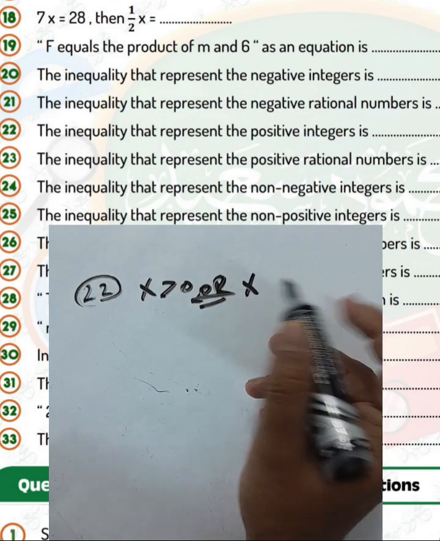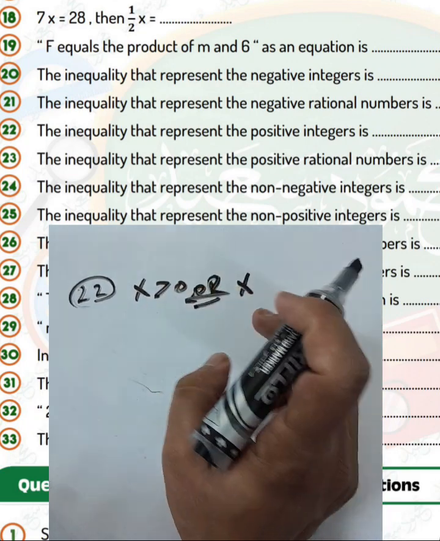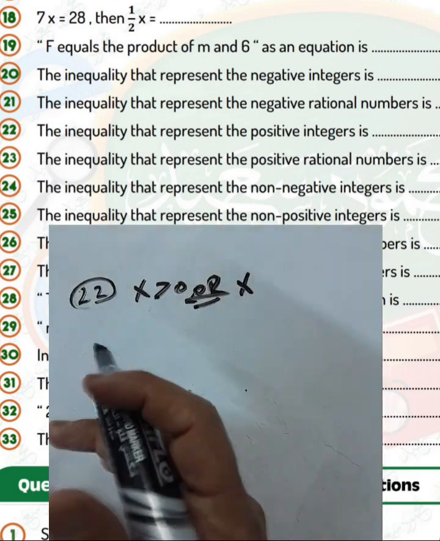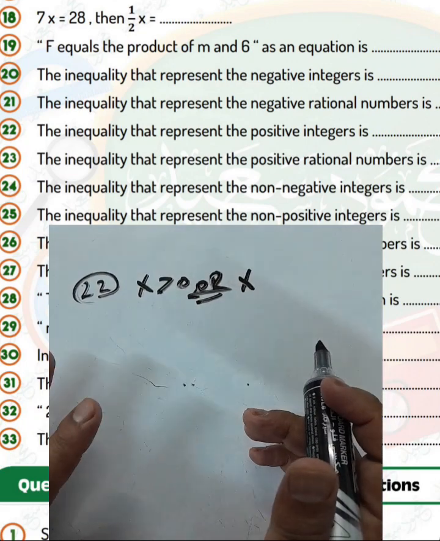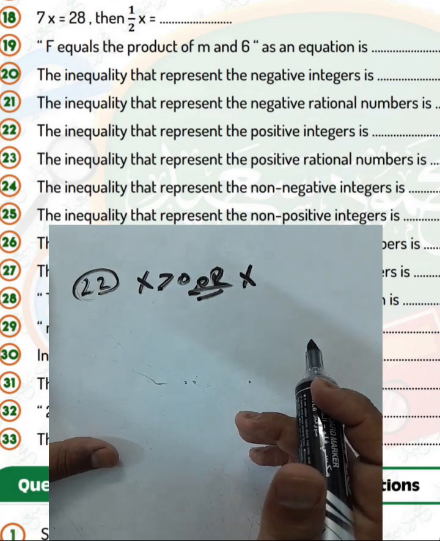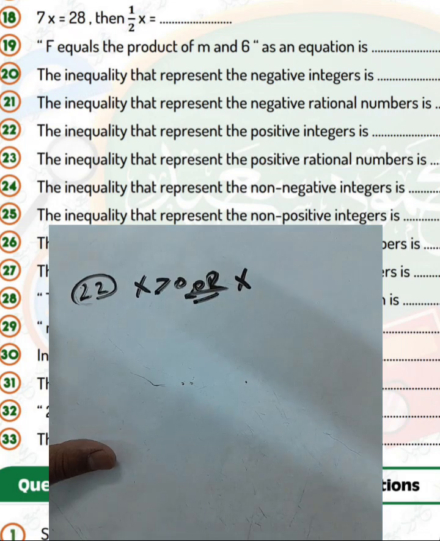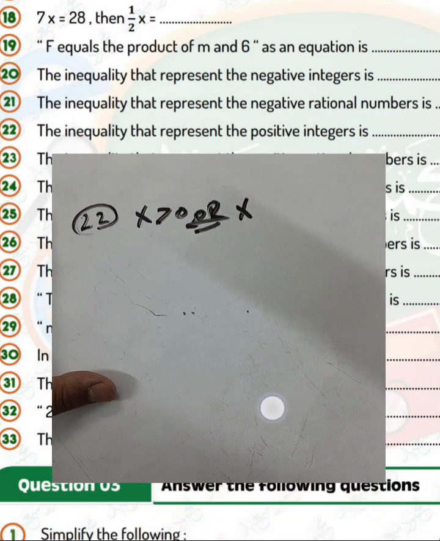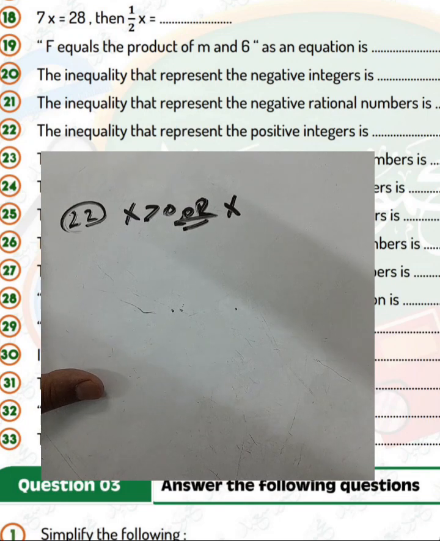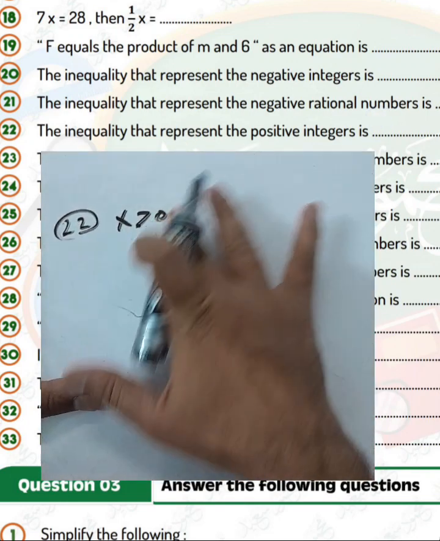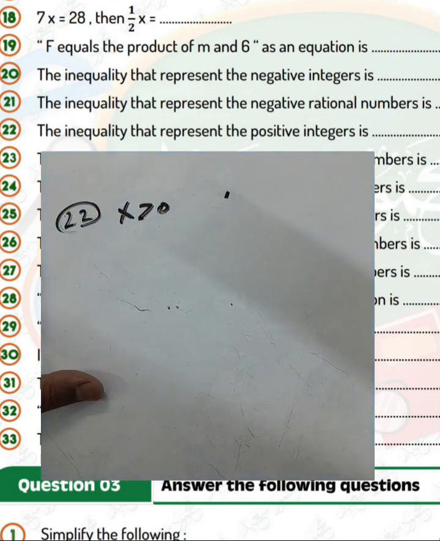Okay, positive, it will be x greater than 0 because 0 is non-positive and non-negative. Don't write equal to 0 here because it's positive integer. Again, question 22, the inequality that represents the positive integer will be x greater than 0. Understood?